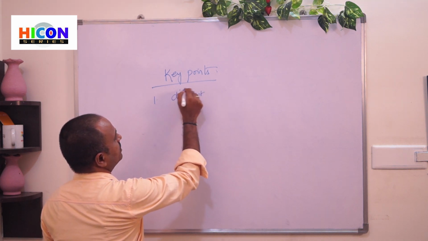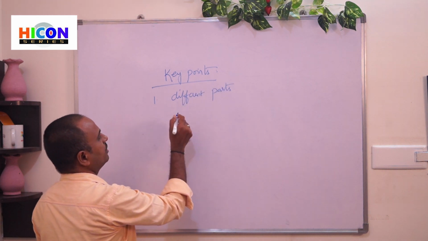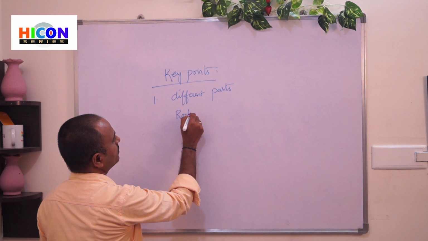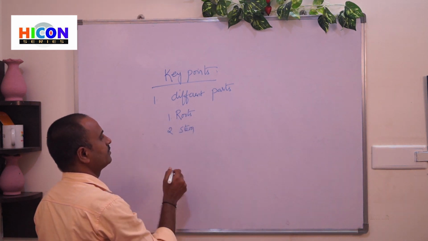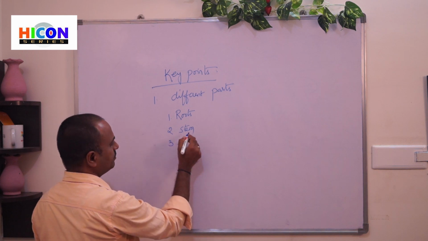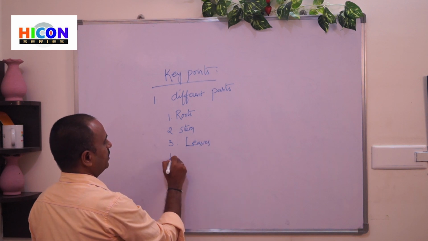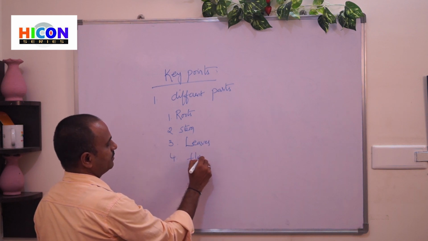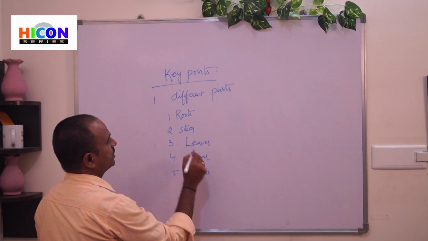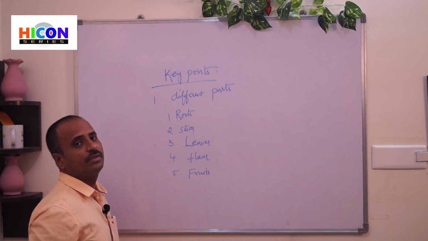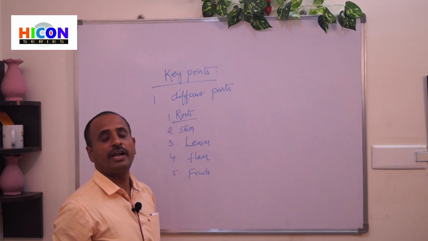The different parts are the roots, stem, leaves, flower and fruit. So these are some important parts of the plant.